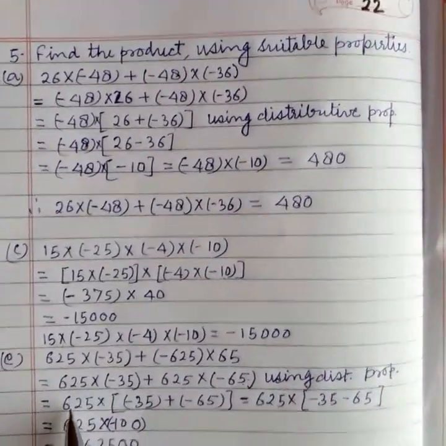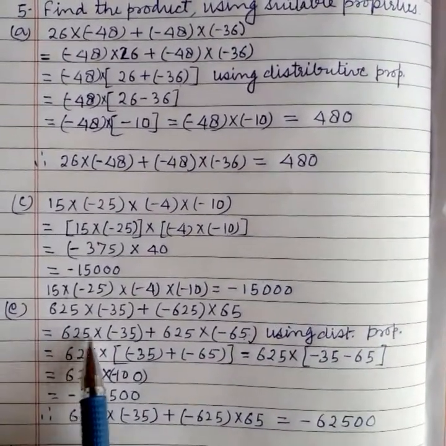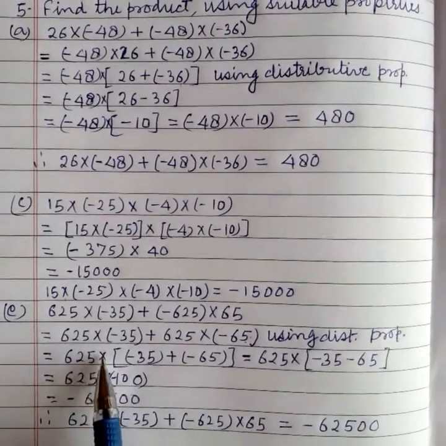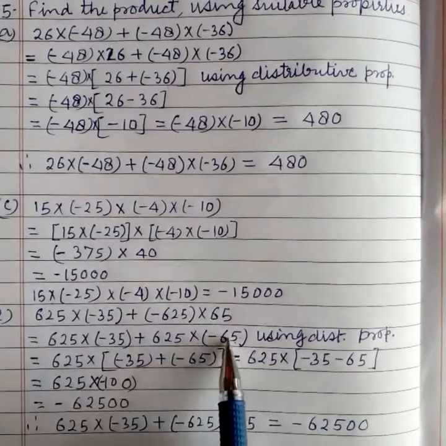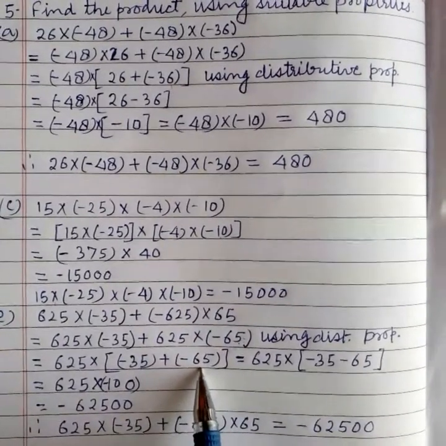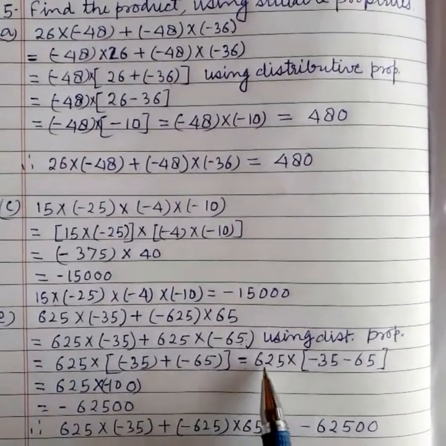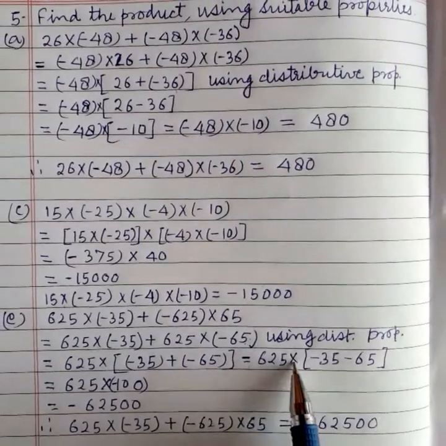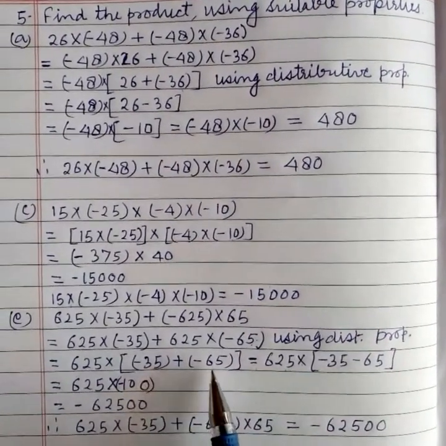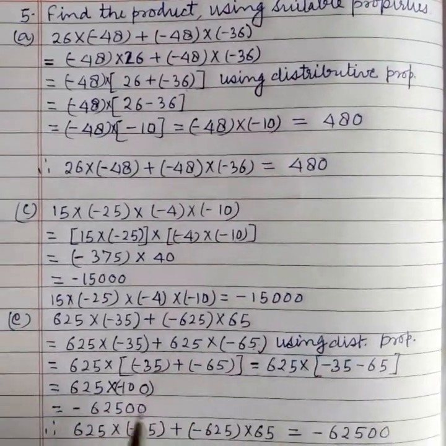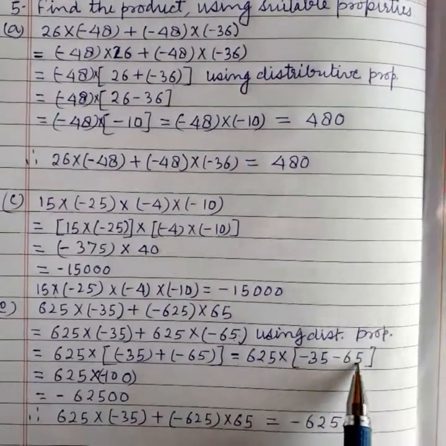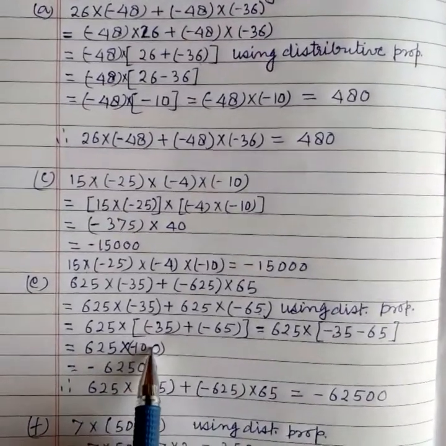Now here we can write 625 into, within bracket, minus 35 plus minus 65, and this is equal to 625 into minus 35 minus 65. Now minus 35 minus 65 is equal to minus 100.